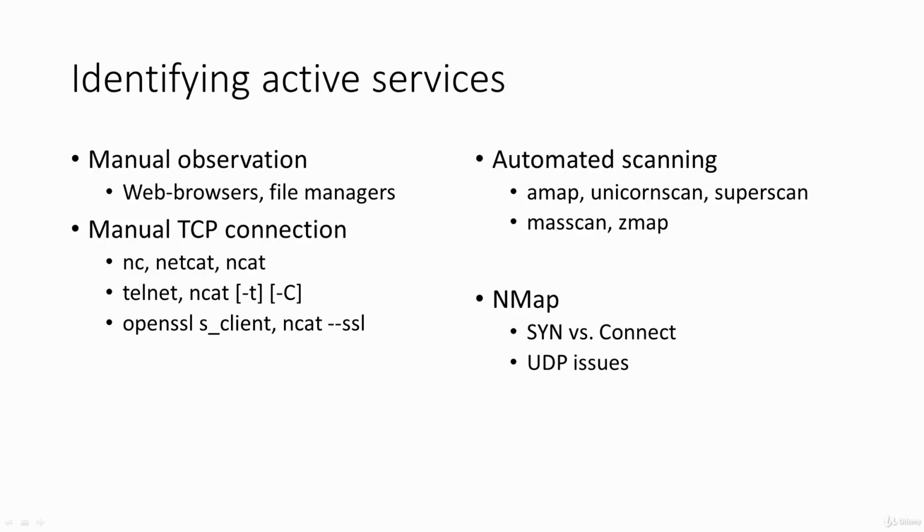Second thing, of course, we can use something more specific. For example, we can see a service that is not normally connected to by our user-land utilities, right? We can see an SMTP host, for example, running on port 25.